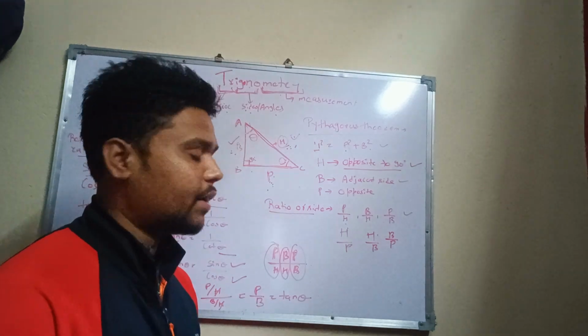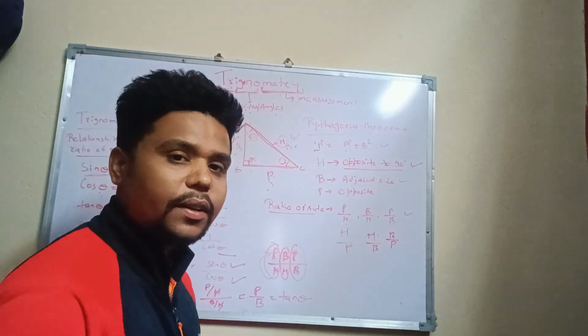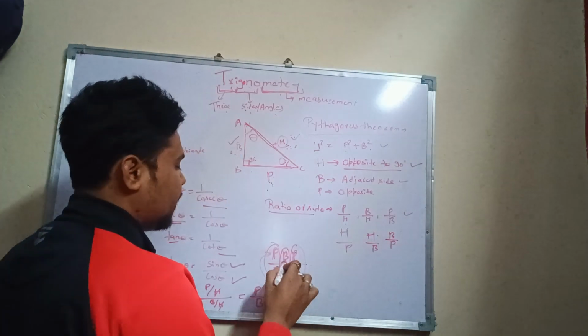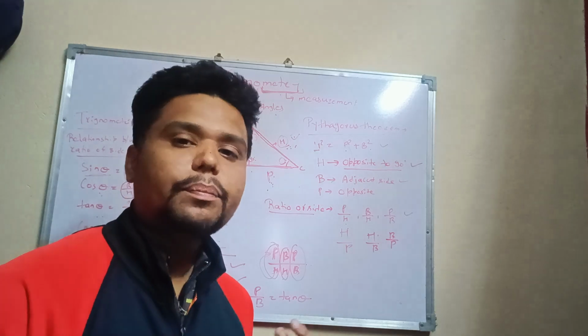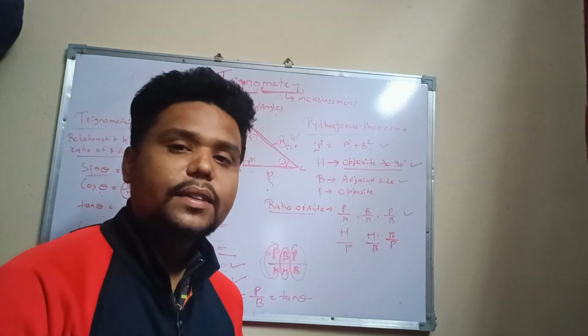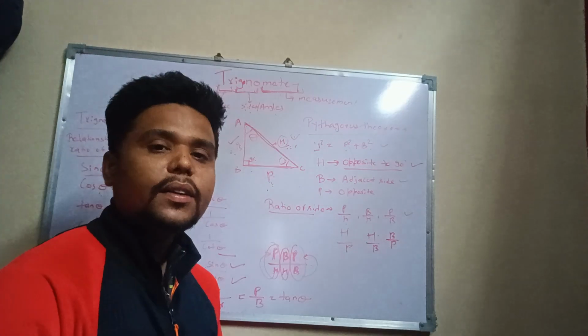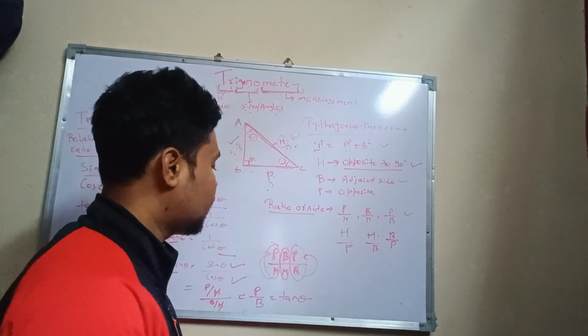And just reverse it and you will find hypotenuse upon perpendicular is cosec theta, hypotenuse upon base is sec theta, and base upon perpendicular is cot theta.